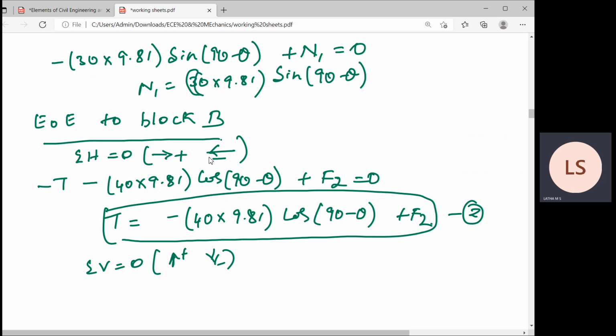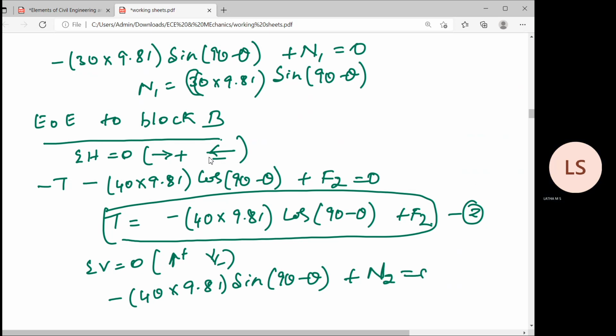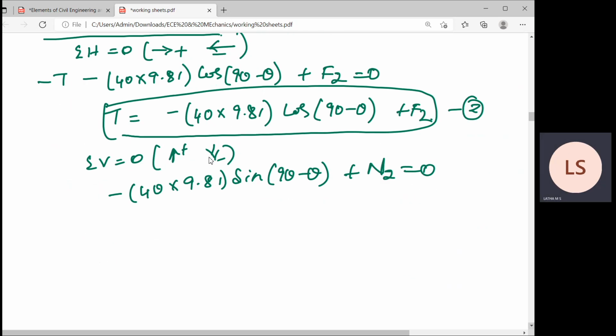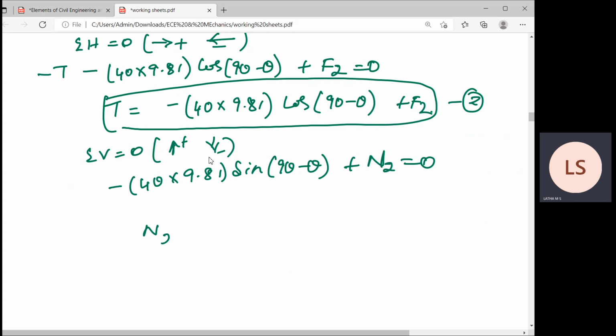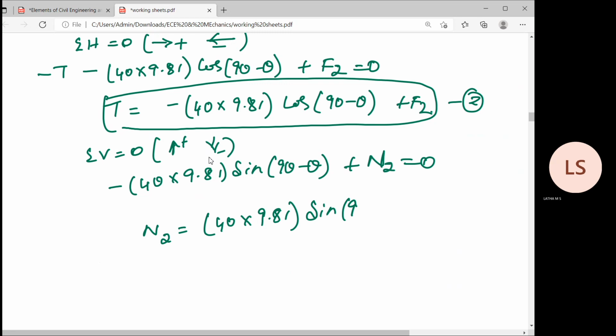You get it as minus 40 into 9.81 sine(90 minus theta), right? Plus N2 is equal to 0. Now you have N2 is equal to 40 into 9.81 into sine(90 minus theta), right?